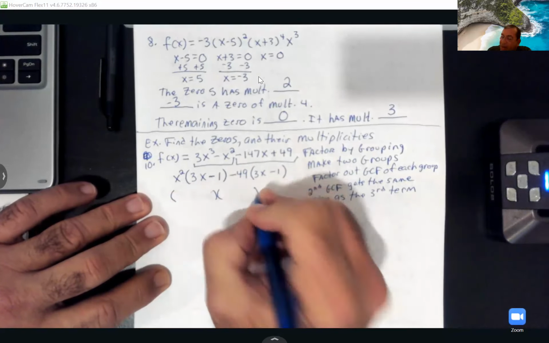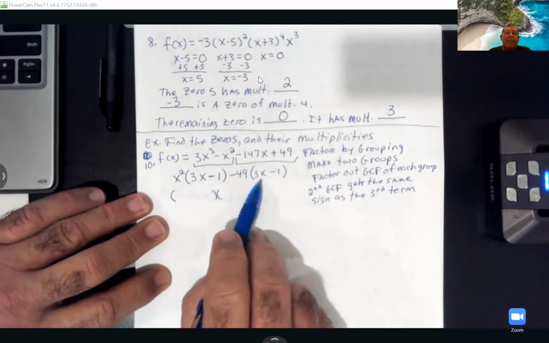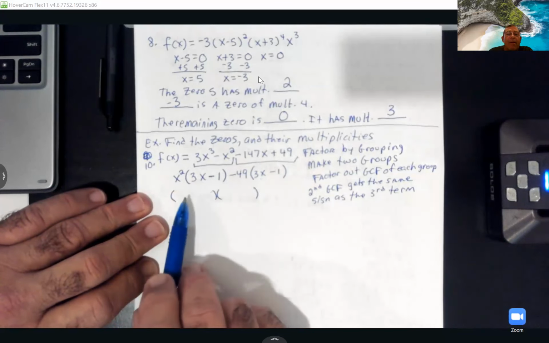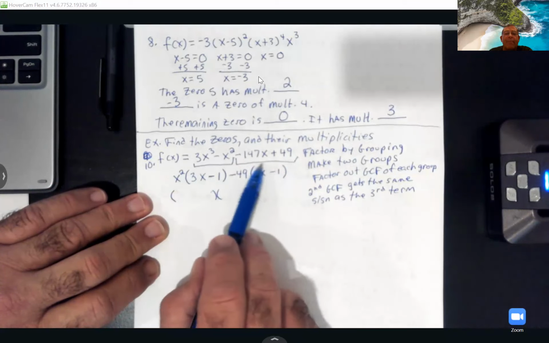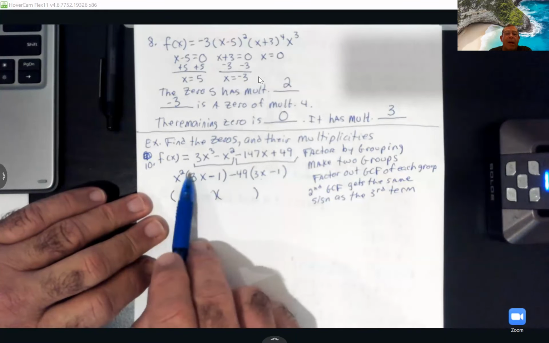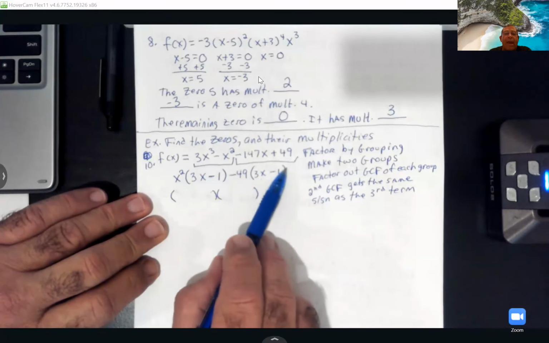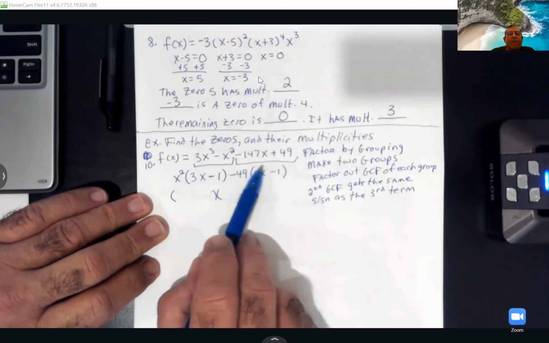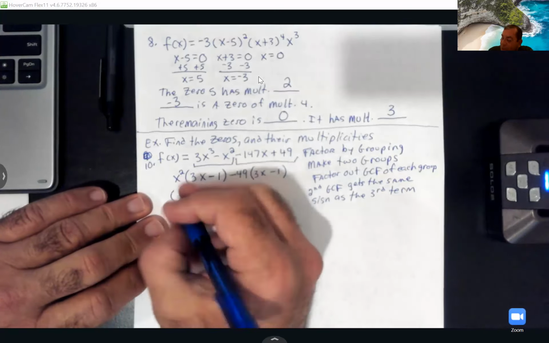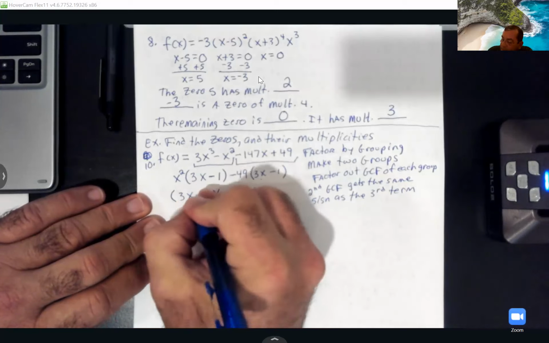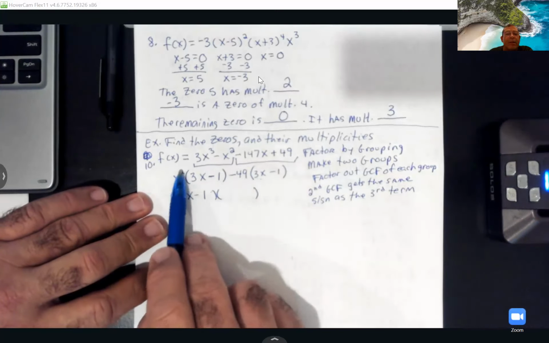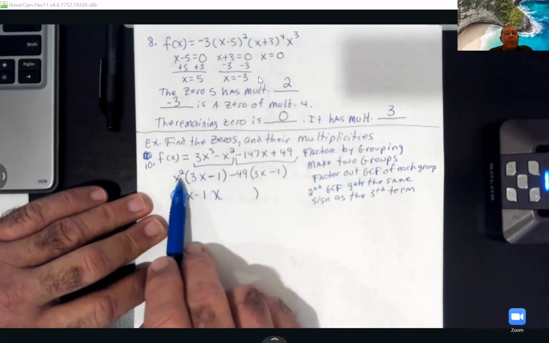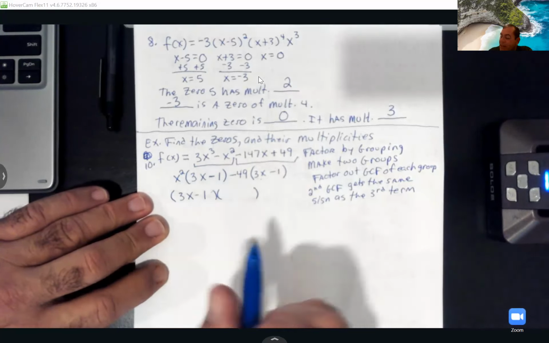We're now going to factor this into 2 sets of parentheses. The first parentheses, we're going to put the 3x minus 1 because that's common between these 2 factors. So we're sort of going to factor out the 3x minus 1. The second parentheses will be the stuff on the outside, which will be the x squared minus 49.